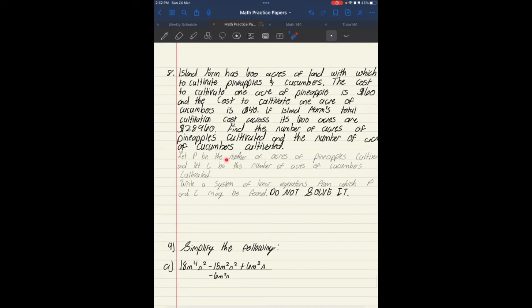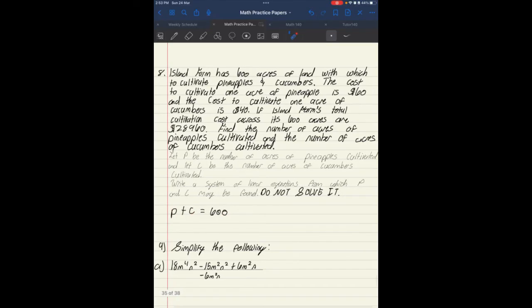So let's say let P be the number of acres of pineapples and let C be the number of acres of cucumbers. So we could write the first equation as P plus C is equal to 600. Because all this acres of land being used to cultivate pineapples and cucumbers, and they have 600 of it, okay?